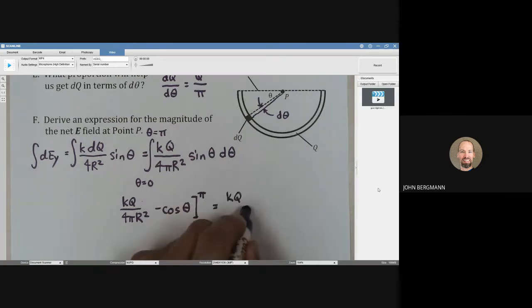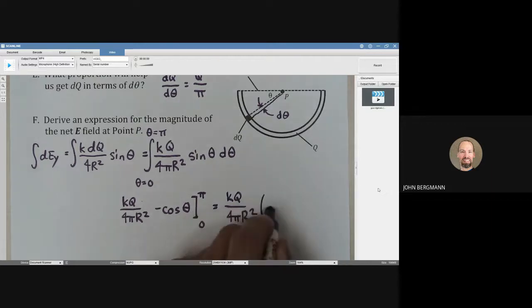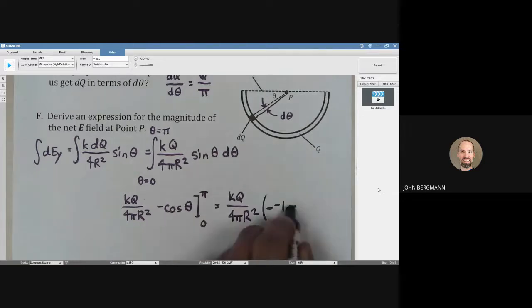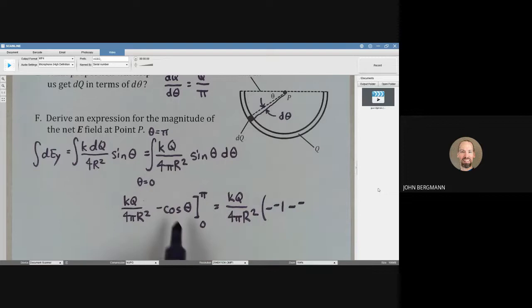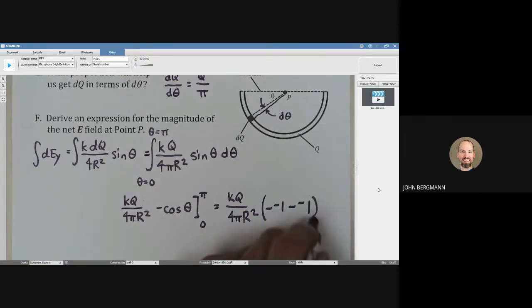kq over 4 pi r squared. Then cosine of pi is -1. So that is the opposite of -1. And then we go minus the opposite of cosine of 0. Cosine of 0 is 1. So what is that?